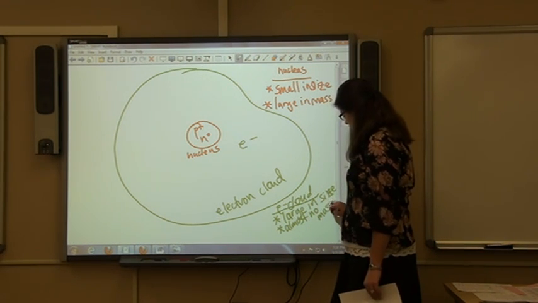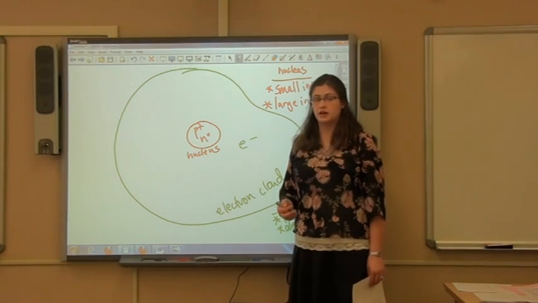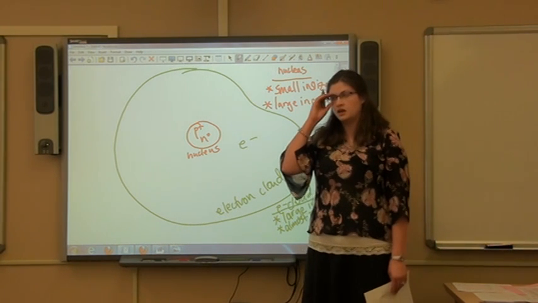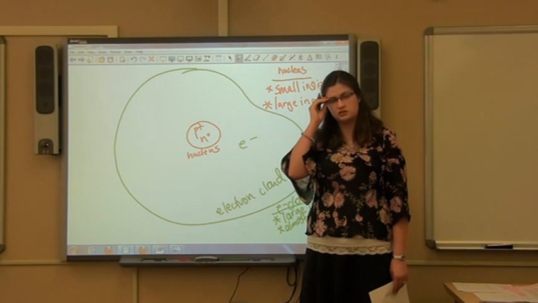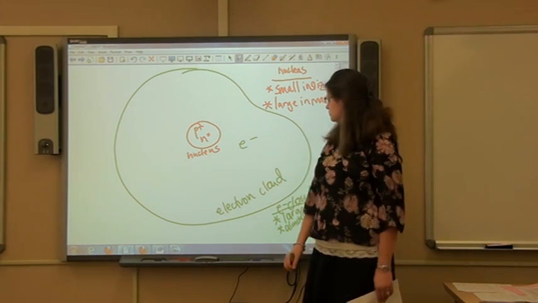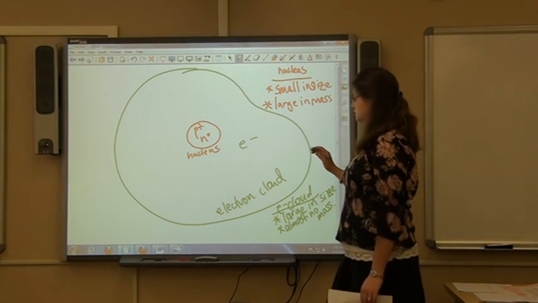One of the assumptions that's made in atomic theory when we are going to practice it is that we're assuming that electrons have actually no mass. While electrons do have a mass, it is so much smaller than protons and neutrons that it's almost negligible. Okay, so this is how the atom is structured.